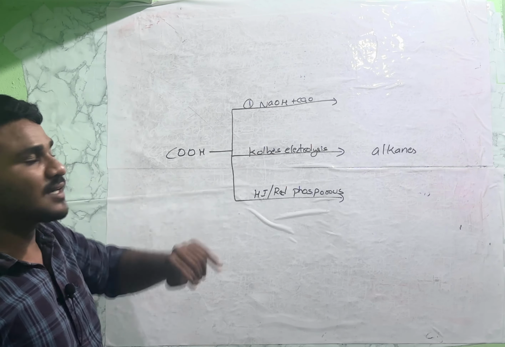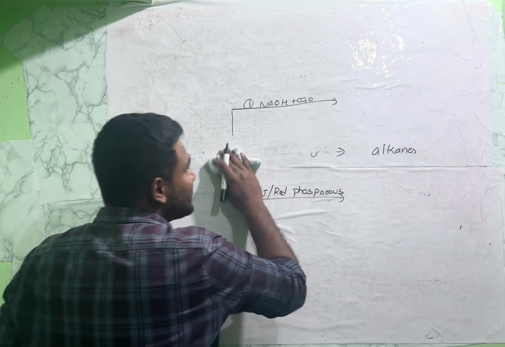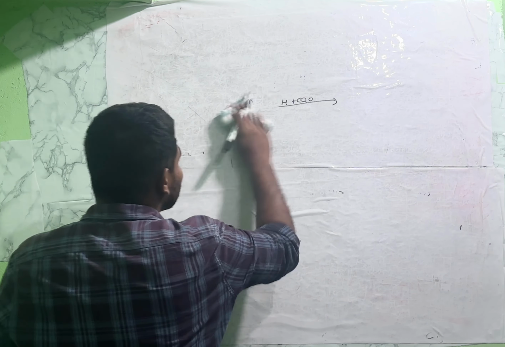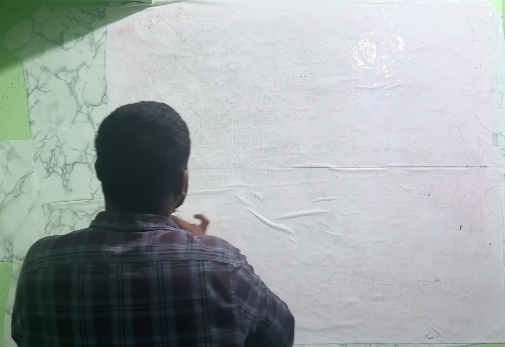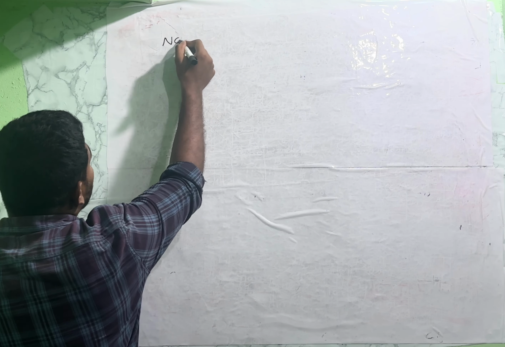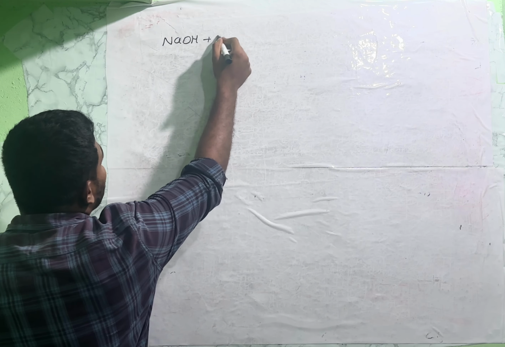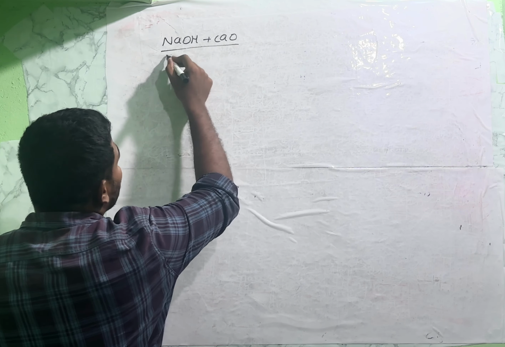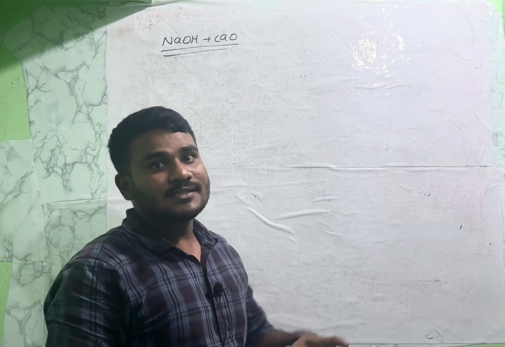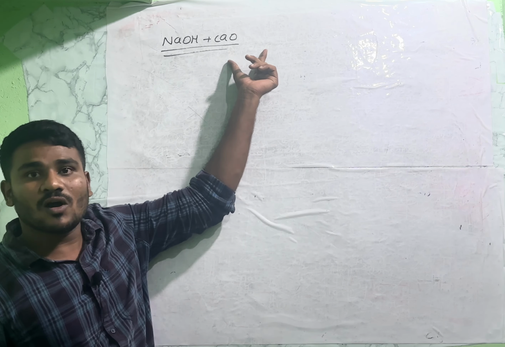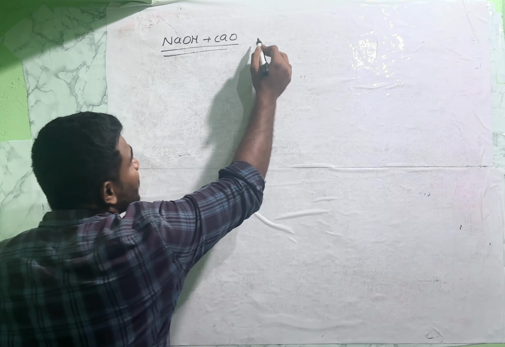Okay, first we will discuss NaOH plus CaO. Do you know one thing? This NaOH and CaO is known as decarboxylating agents. Okay, decarboxylating agents.